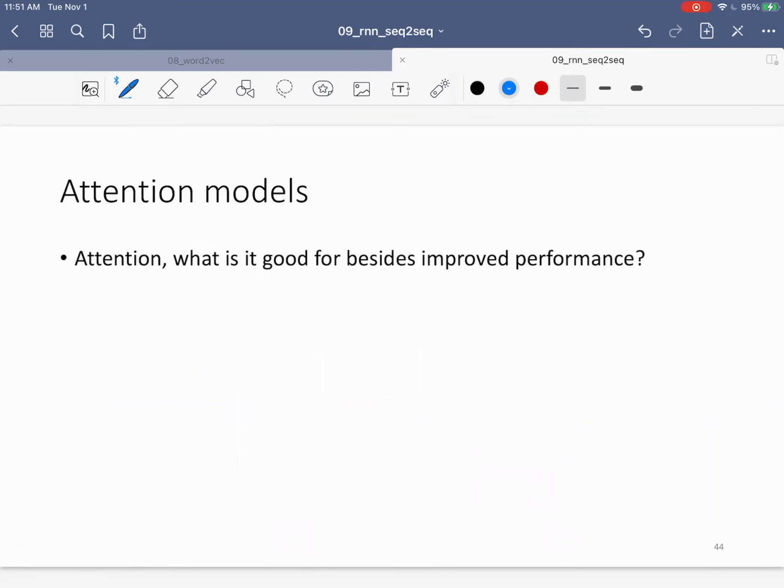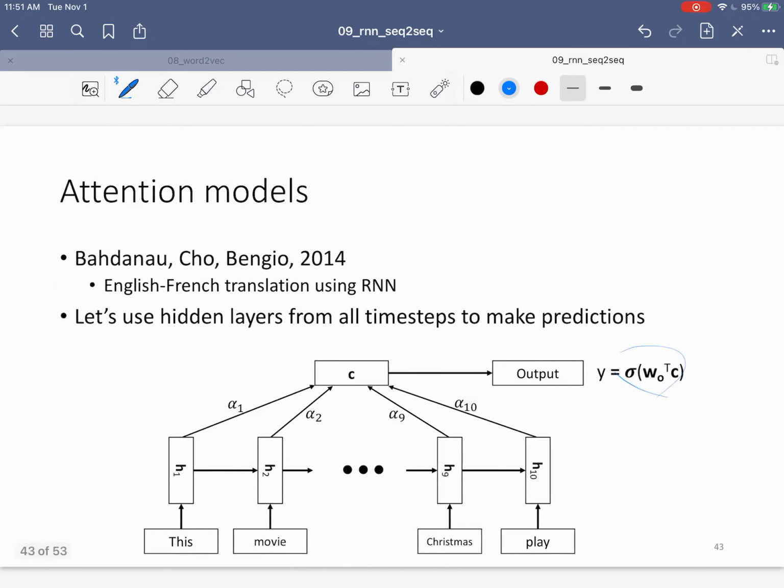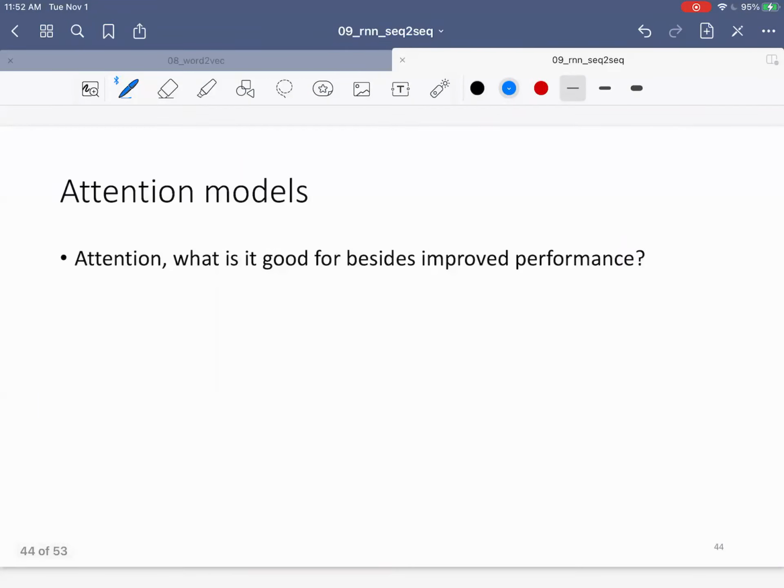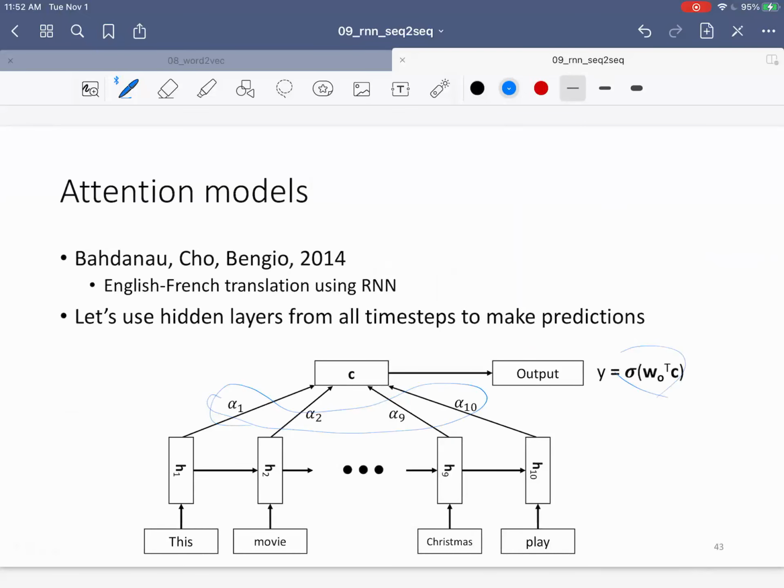So what is it good for? As I said, this will be automatically determined. But let's assume that it is. What does it go for? Aside from improving performance, and you can already assume that this will improve performance, because if you properly mix these H's into a single C, then we're basically using all information from all time steps, and hopefully we will mix important words more heavily than unimportant words.